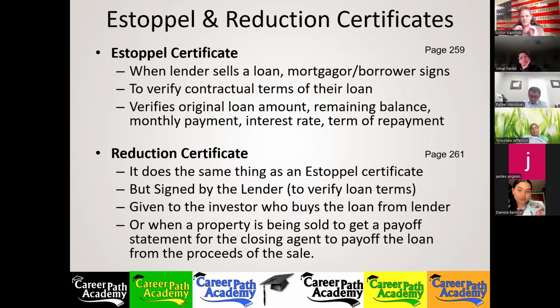They have very specific guidelines. The investor says, I will buy any loan that you originate to the consumer if the consumer meets these guidelines and the property they're buying meets these guidelines.